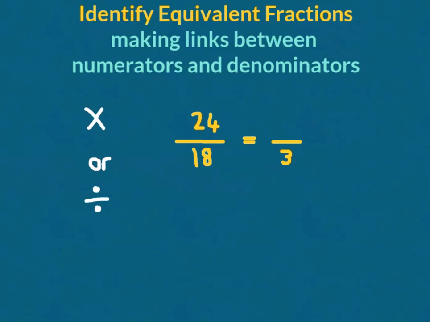Now, here's your task. What is the link between 18 and 3? How are they connected? Find the equivalent fraction of 24/18. How many thirds? And another one. Let's give it a go.